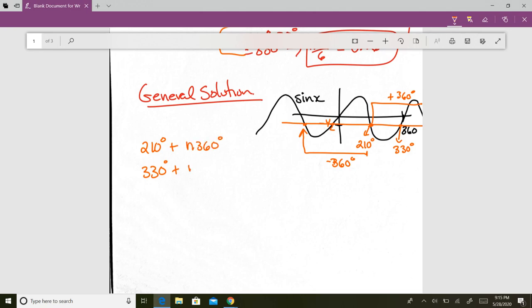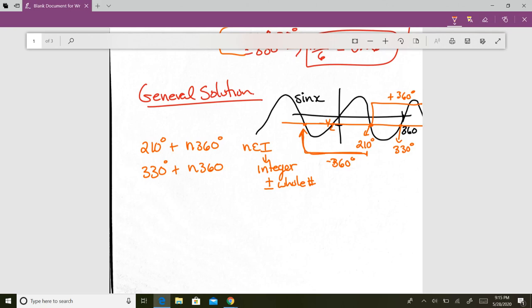What is n? n is an element of the integers, which means n is an integer. Hopefully you remember what an integer is. It's a positive or negative whole number. So plus minus 1, plus minus 2, plus minus 3, etc. And that's how you get the ones going backwards, the negatives.